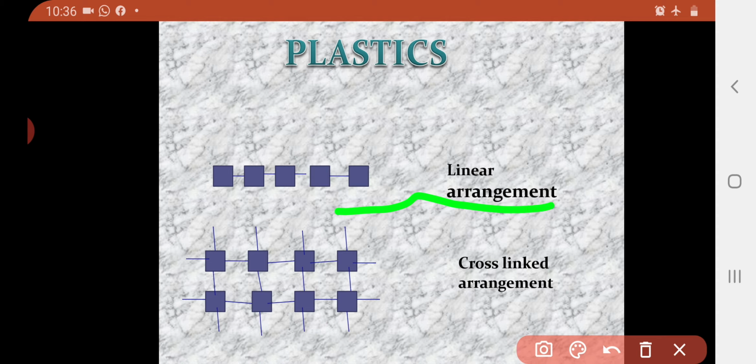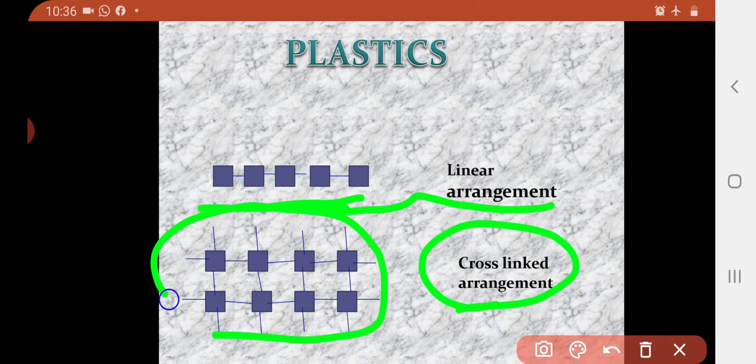One is linear arrangement. The plastic units are arranged one by one. That is nothing but linear arrangement. And another one is cross linked arrangement. You can observe here how they are linked with each other at the upper side, lower side, front, back. That is nothing but cross linked arrangement.